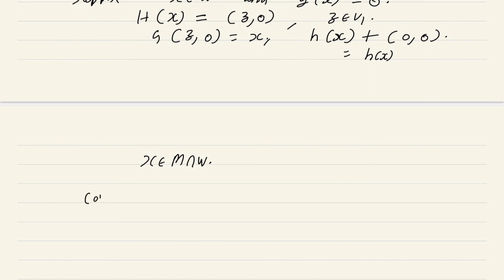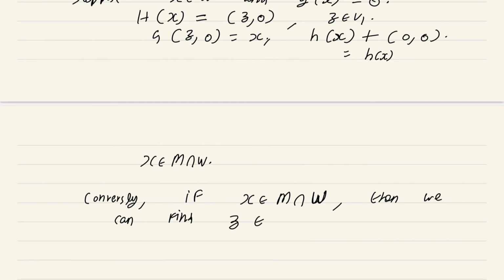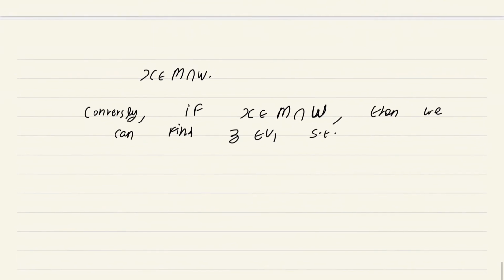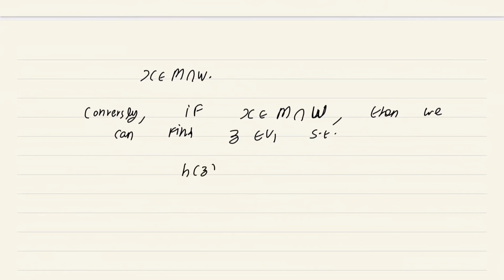Conversely, if X is in M intersection W, then we can find Z in V1 such that h of Z is equal to X, right?